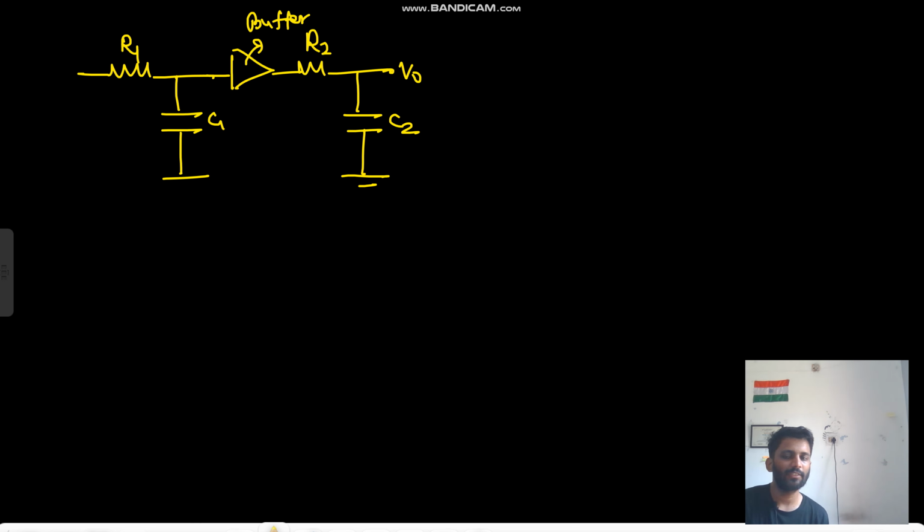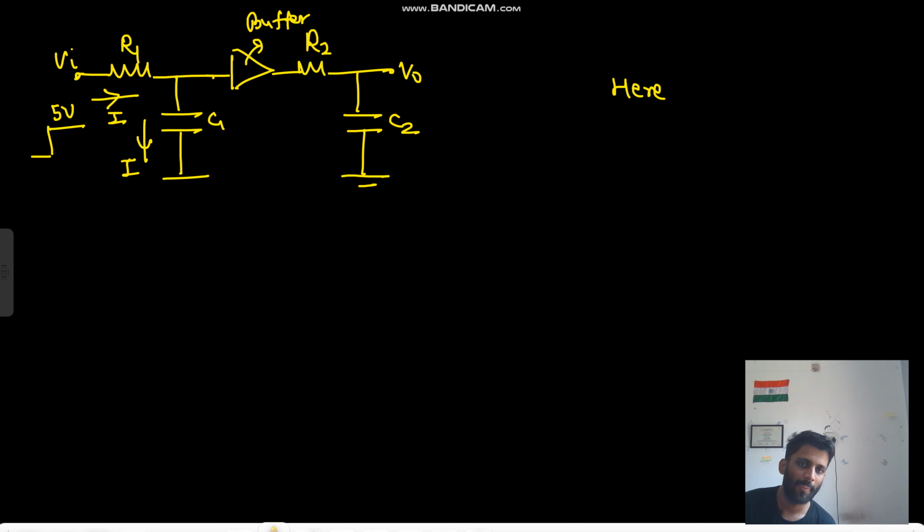Now here, because of this buffer, your VC1 will reach the steady state before VC2, because here there is no concept of current IC1 and IR2, because here this current and this current are equal. Here let's assume Vin is a step input of 5 volt.